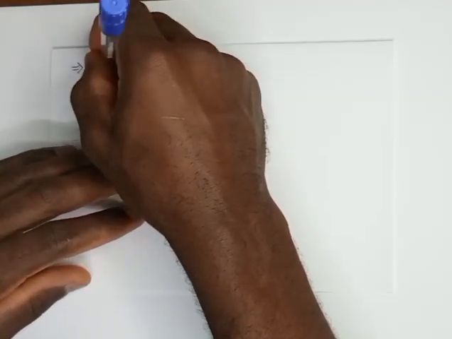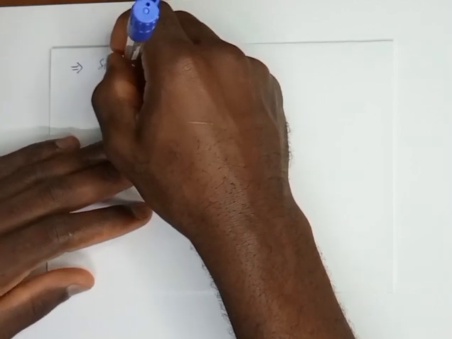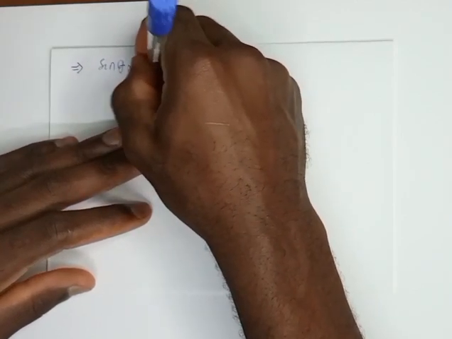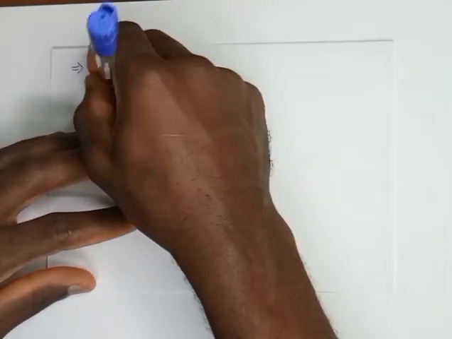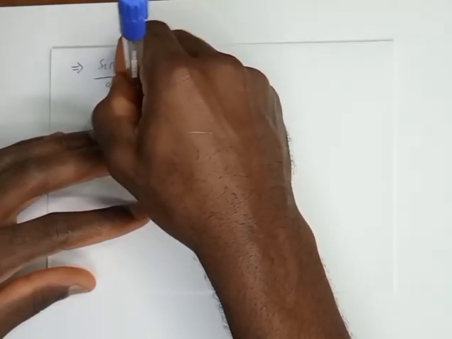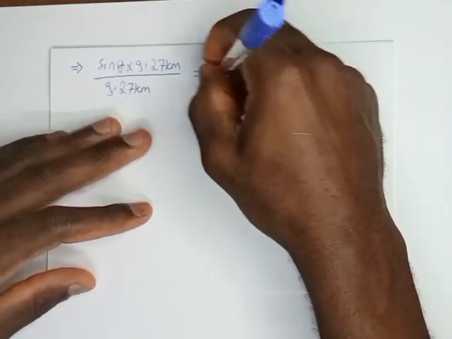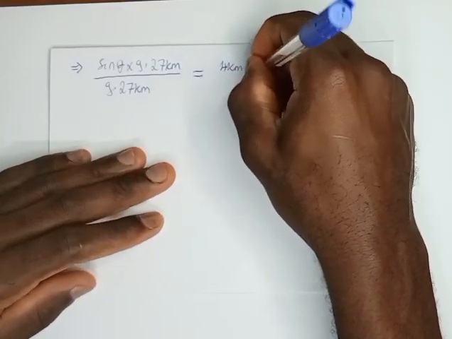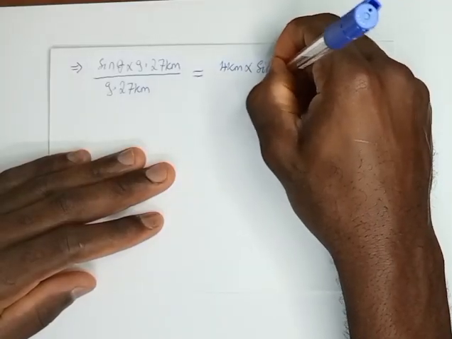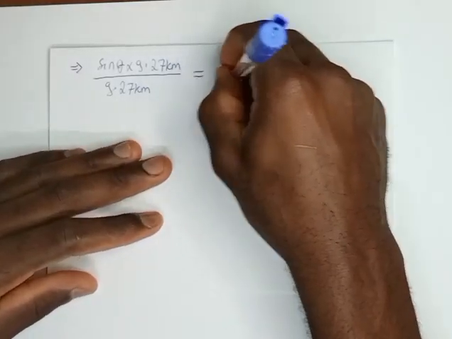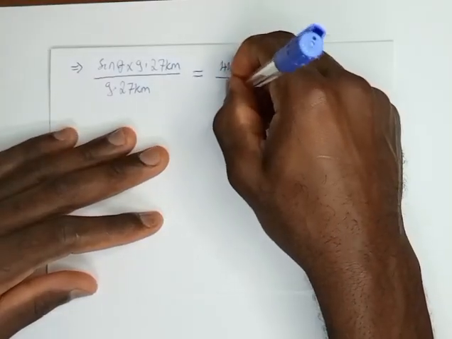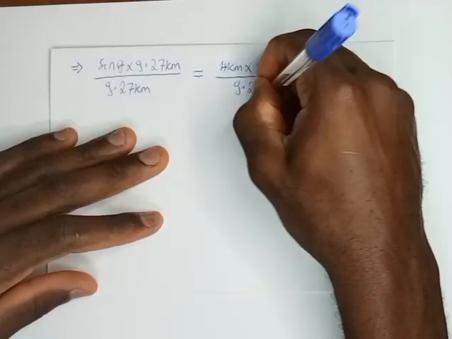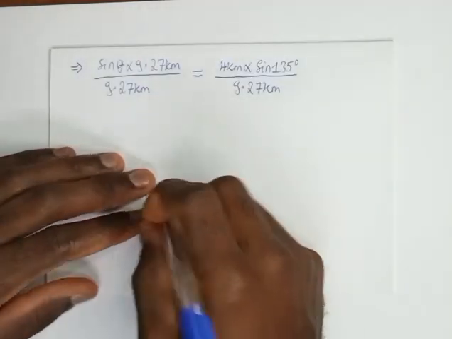Then the sine of theta times 9.27 kilometers, we divide by 9.27 kilometers, will be equal to 4 kilometers times sine 135 degrees, we divide by 9.27 kilometers.